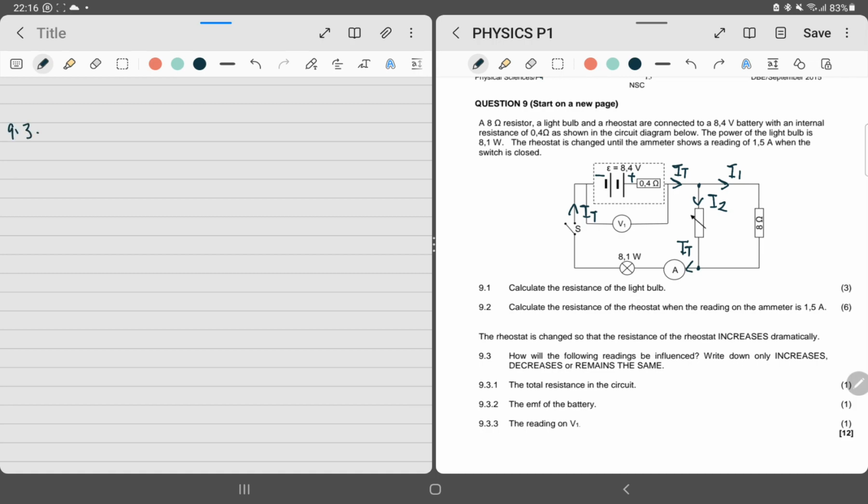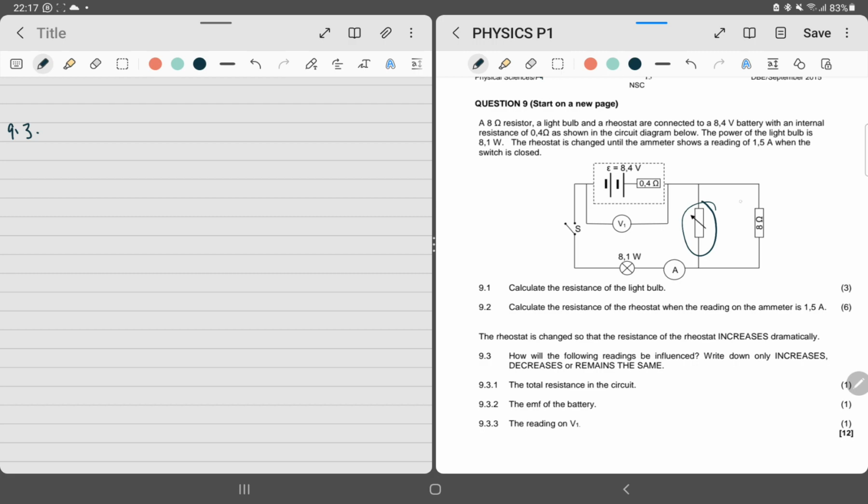9.3. The rheostat is changed so that the resistance of the rheostat increases dramatically. 9.3. How will the following readings be influenced? Write down only increases, decreases, and remains the same. So we are increasing the value of the rheostat.